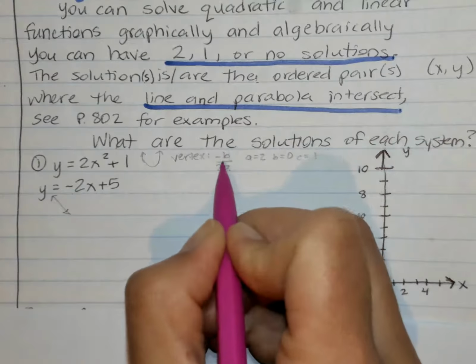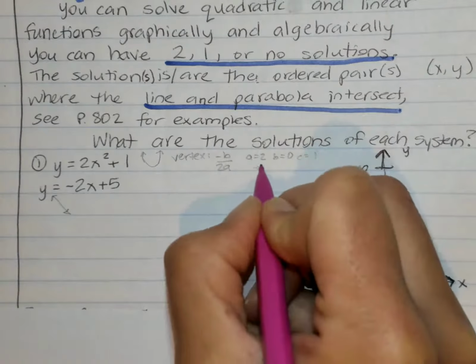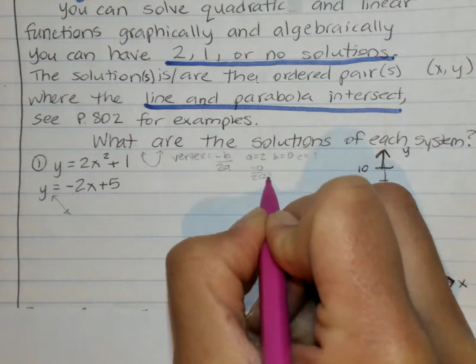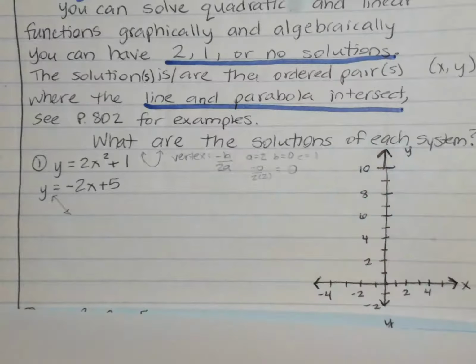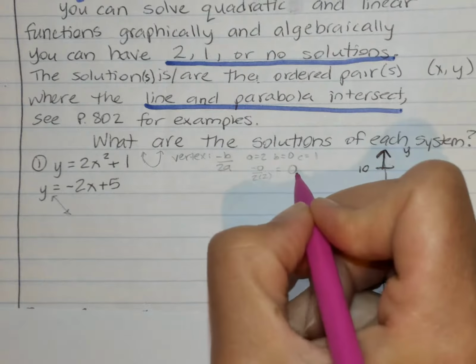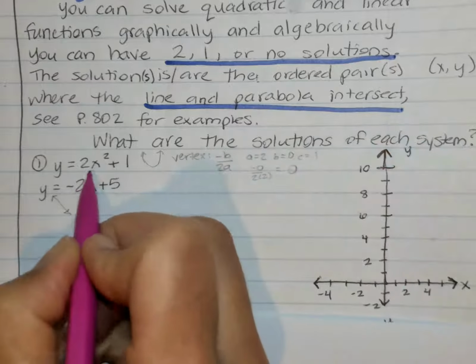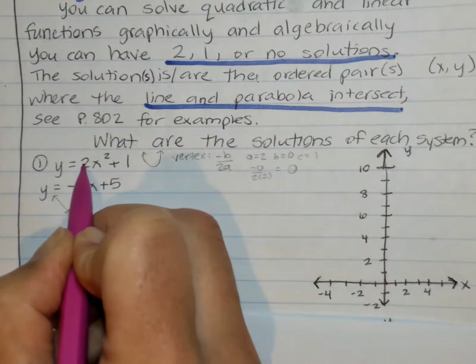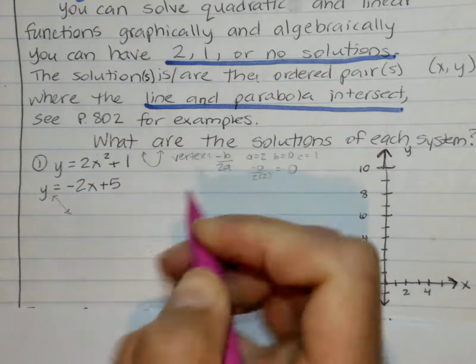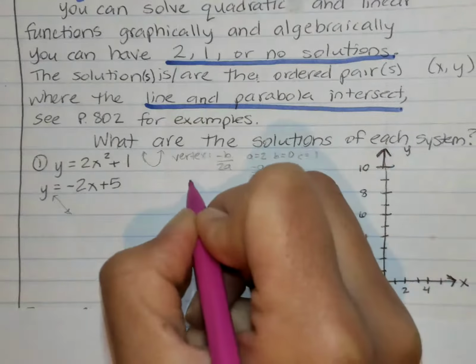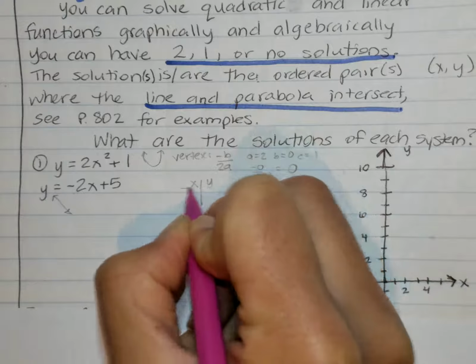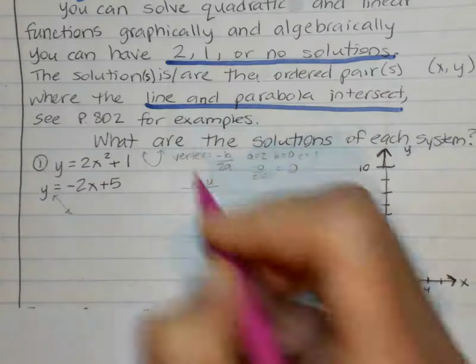So if I do negative b over 2a, it would be negative 0 over 2 times 2, which is just 0. So my x value for the vertex is 0. To find my vertex, I plug in 0: 0 squared is 0, 0 times 2 is 0, so it'd be 1. So that's how I know how to start off my xy table. Remember, parabolas have symmetry.